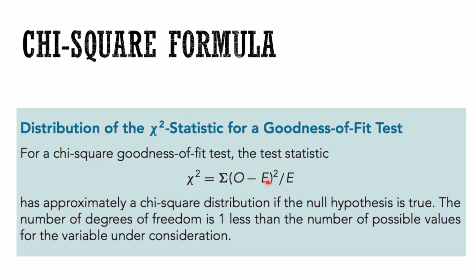We will be using that formula to find the different expected frequency values, and then once we have all the expected frequency values, since we are doing a comparison between the observed frequencies and the expected frequencies, we have to find the difference between the two. We have to square them up and then divide by each of the expected frequencies, and at the end we have to sum them all up.